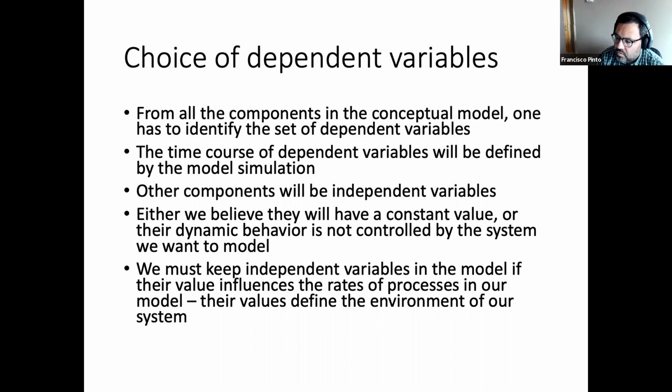So you are not going to consider that variable. It's a constant. It can even disappear because its value is going to be hidden in the values of some parameters of the model. And of course, sometimes there are parts of the models whose behavior you are simply not interested in studying.